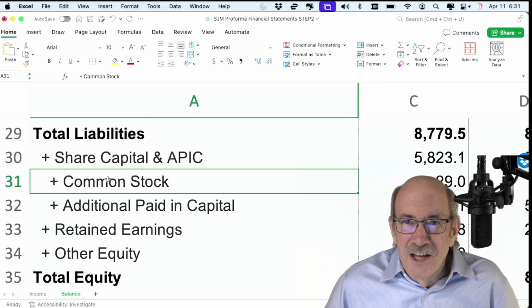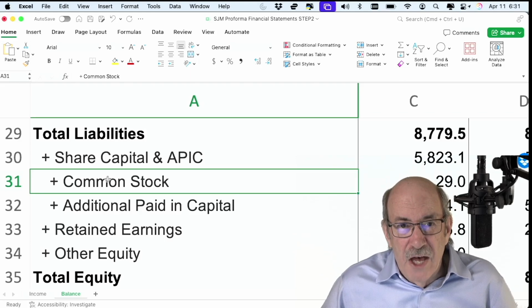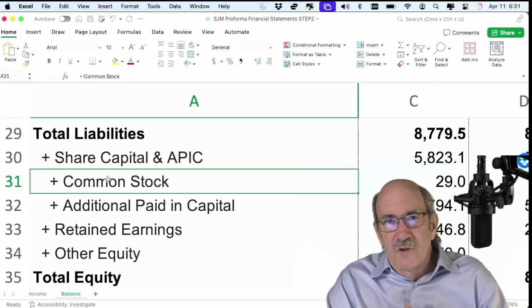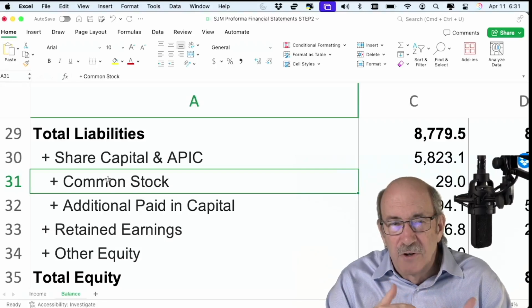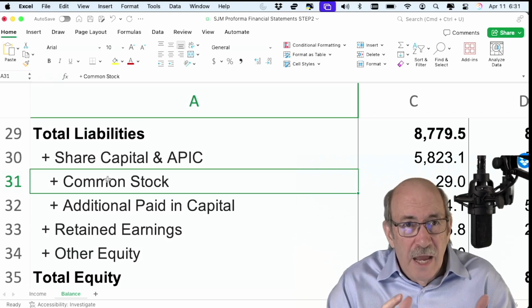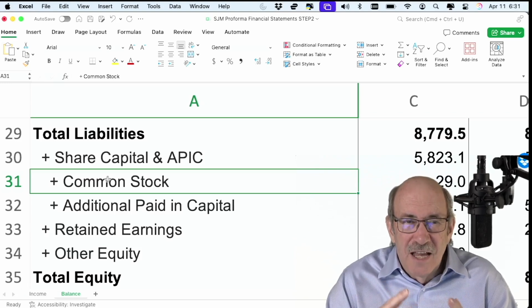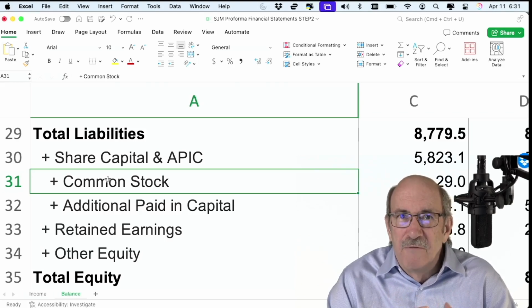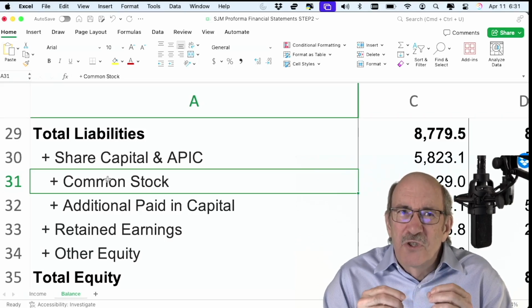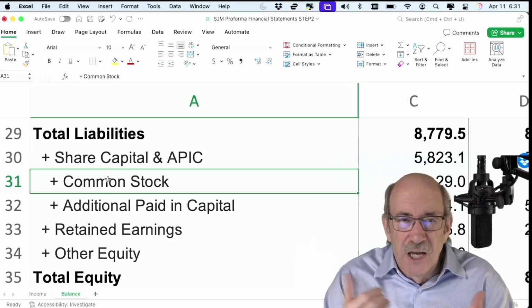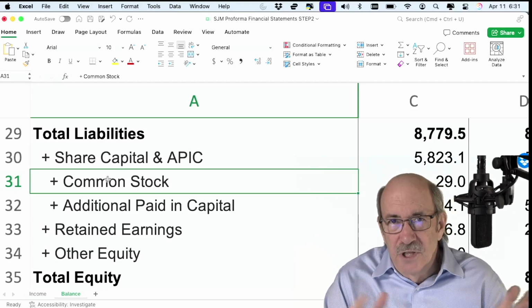There's always some sort of par value that is attributed to the stock. This dates way back to when stock corporations were first invented several hundred years ago, and they had this idea that they needed to have some sort of par value, some sort of value that you could almost think of as a redemption value, right? It was typically $1 back then, and the stock might be selling for $10.